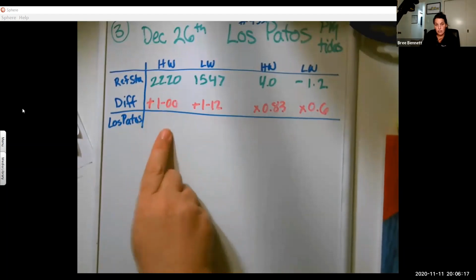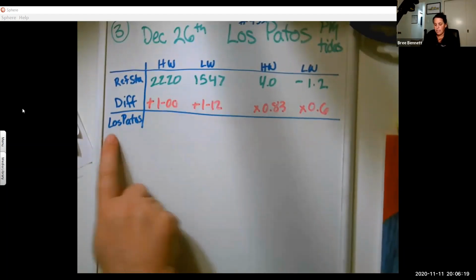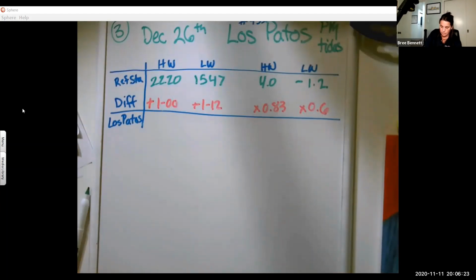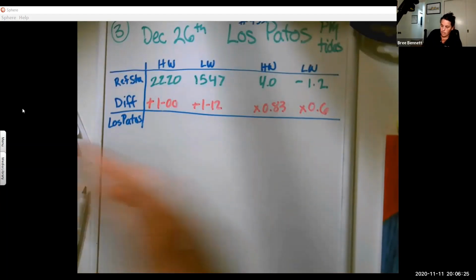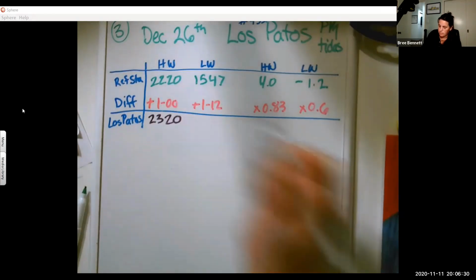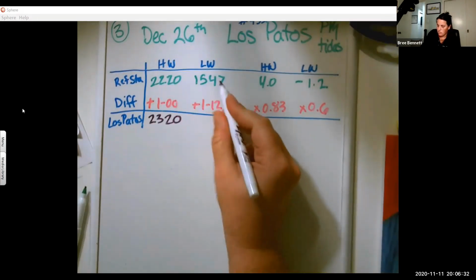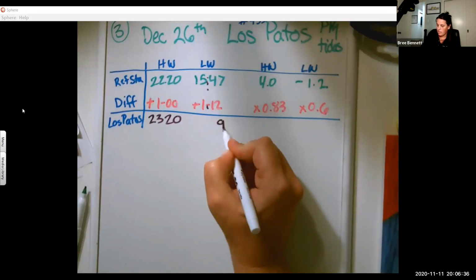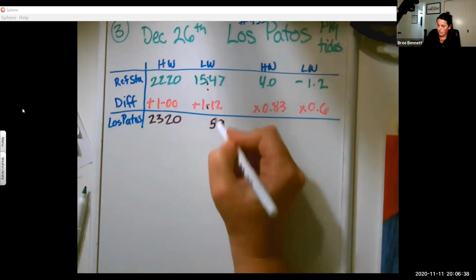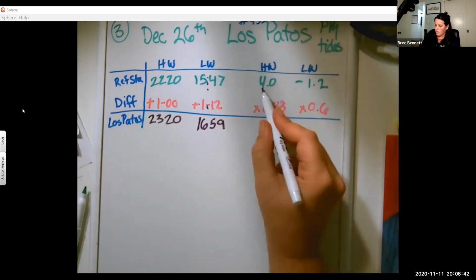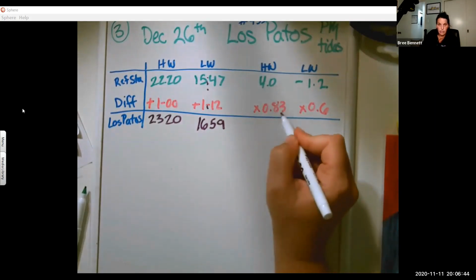Then I apply my corrections to get what's happening at Los Patos, what's happening in the Huntington Harbor. So here I have 2320. We always do our minutes first. So we have 9, 5, 16. And then we have 4 times 0.83.